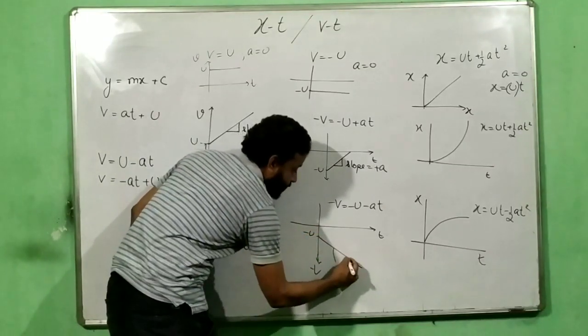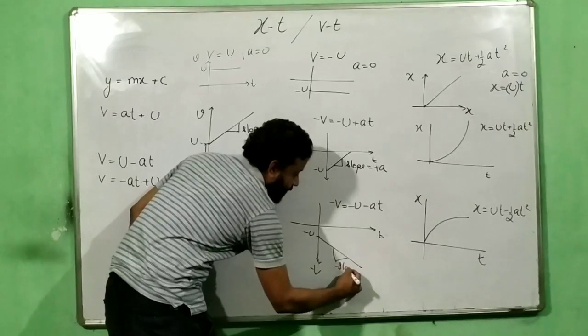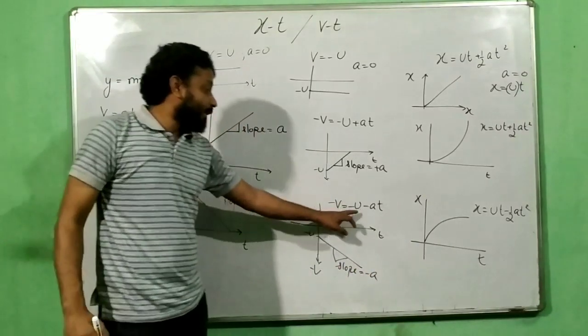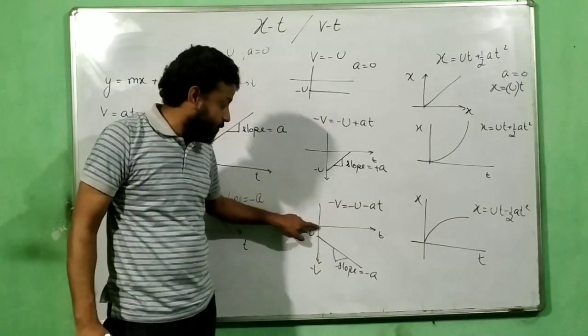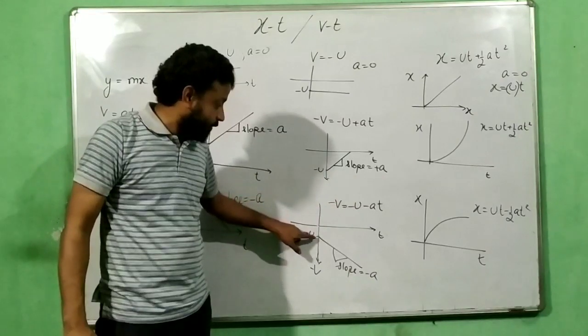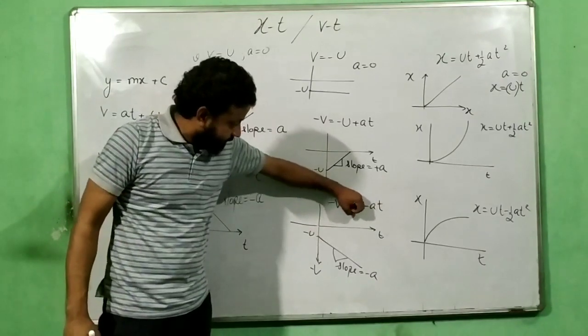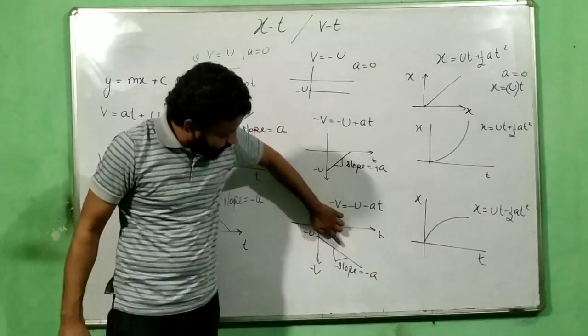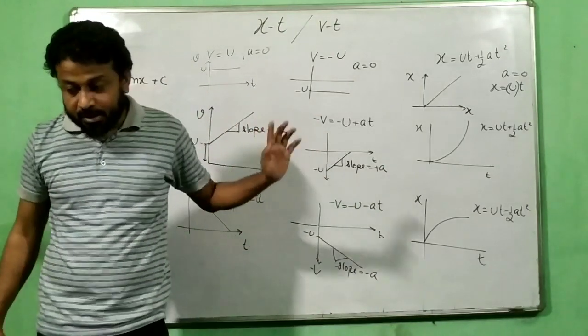And the slope here will be equal to minus a. If your u is 0, the graph will start from the origin. And if it has u, it will start from here. So just make a note, if this is 0, the graph will be like this, starting from origin and it will go like this. So this is the fundamentals of graph.